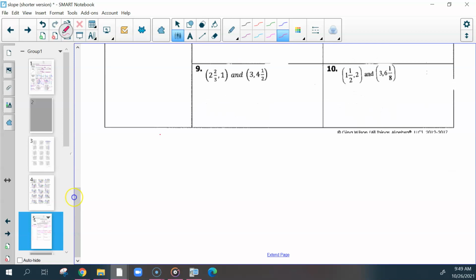So I'm going to start this off 3/4 minus 2/5. That would be my y2 minus y1. All of this is going to be over 1/3 minus 2/3. And that would be my x2 minus x1.